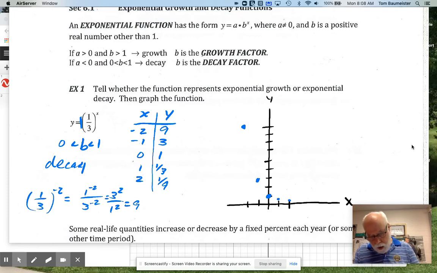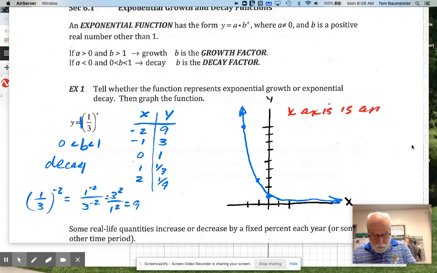So now if I draw my curve there, what we should see is that it'll follow the x-axis, but it will never cross it right now. When we do our shift laws later on, it might change, but according to this, it won't, because the x-axis is an asymptote.